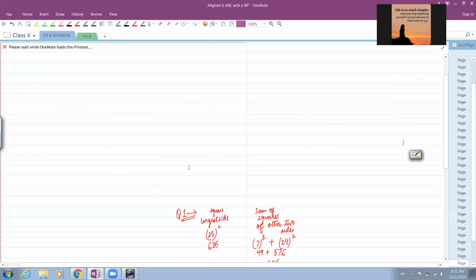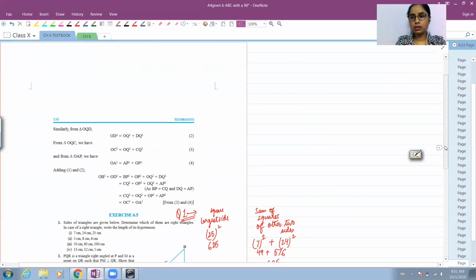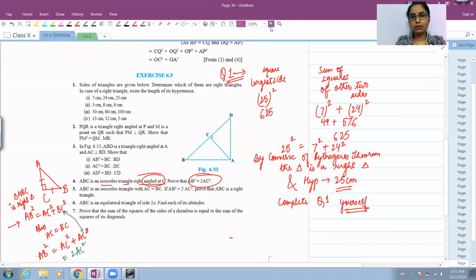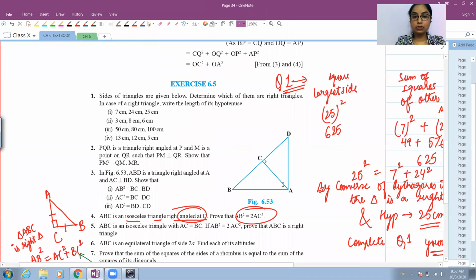Now we are going to question number 3, which we left in between. Question number 3 is again theorem 6.7. We have a triangle ABD, which is a right triangle. There is a perpendicular drawn from the vertex, which contains 90-degree angle. And then you have to prove these results.